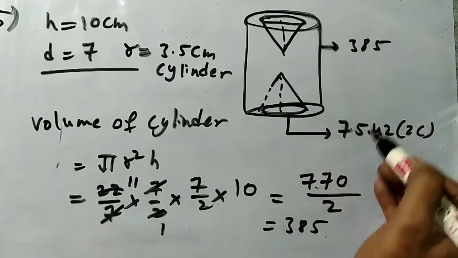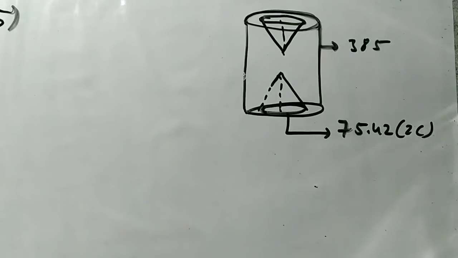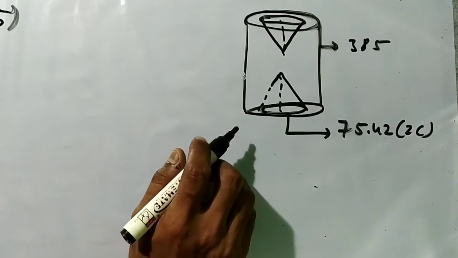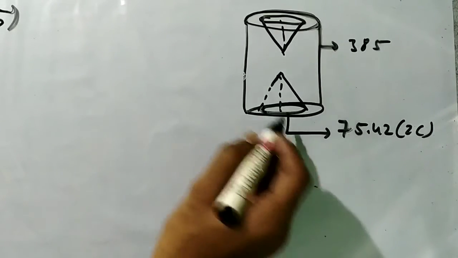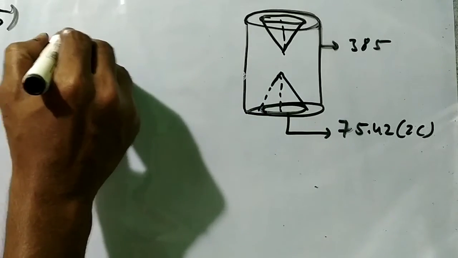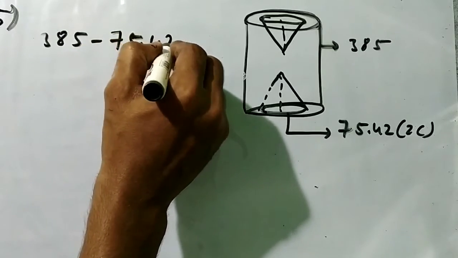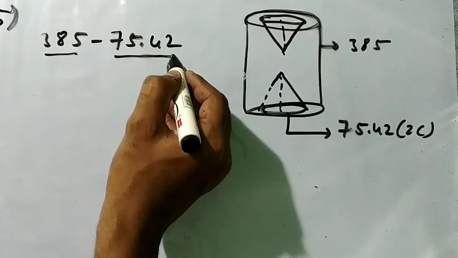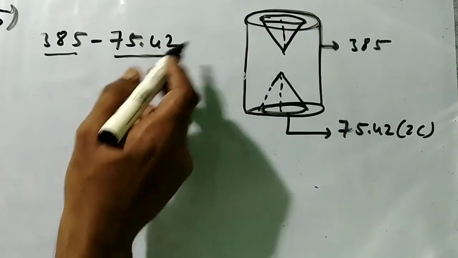Just substitute this value. We will get the volume. In the beginning of the solution, I said that we have to subtract the volume of the two conical holes from the cylinder. That is 385 minus 75.42, because 385 is the cylinder volume and 75.42 is the volume of the two conical holes.